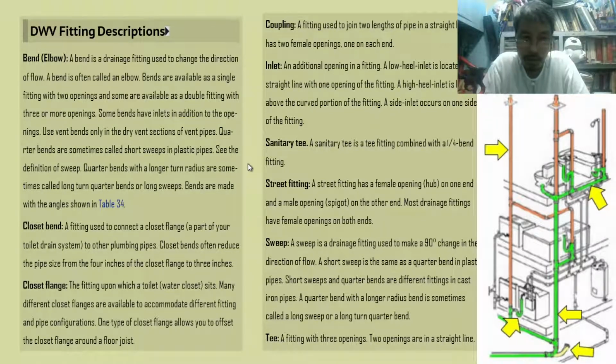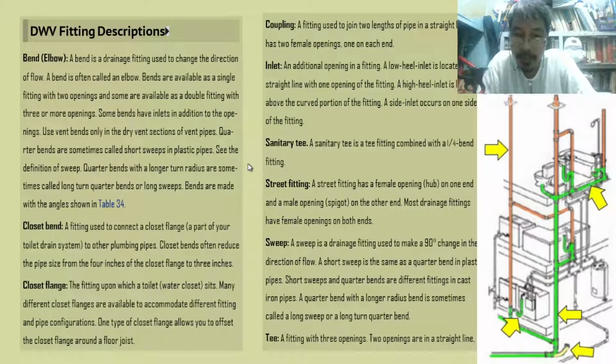Quarter bends are sometimes called short sweeps in plastic pipe. We are familiarizing ourselves with different names and conventions, because if you want to order that part from the hardware, and you say, do you have short sweeps, somebody from the hardware may not even be familiar with the name short sweep.